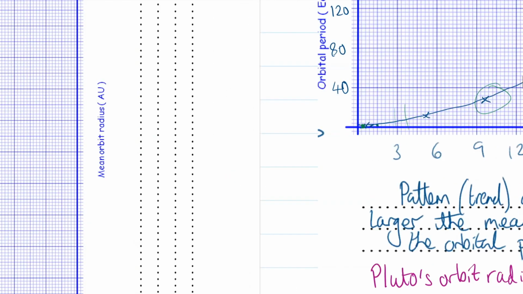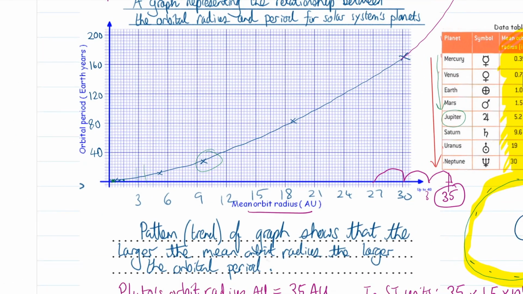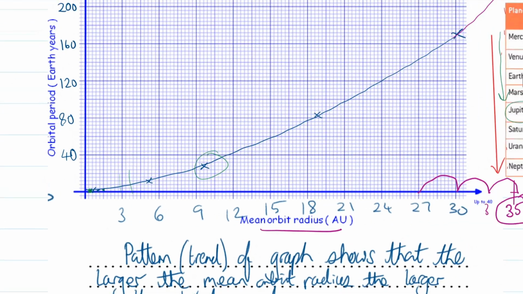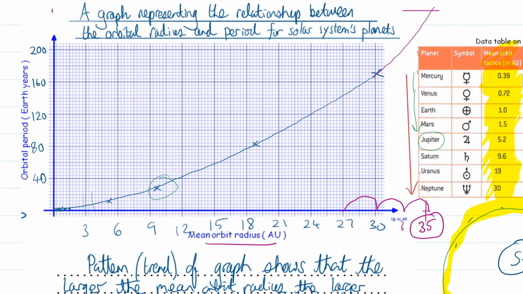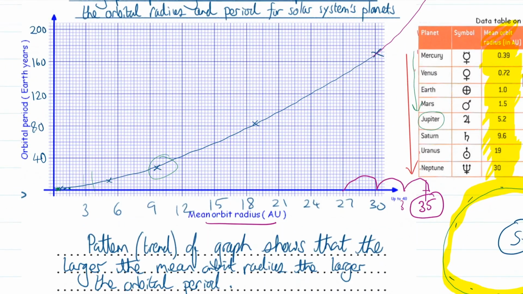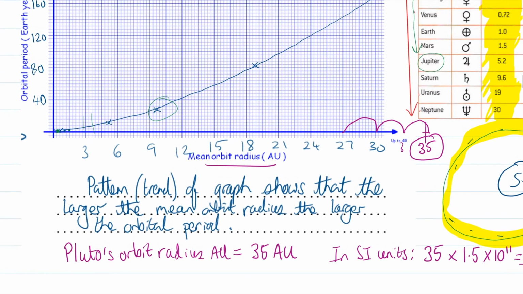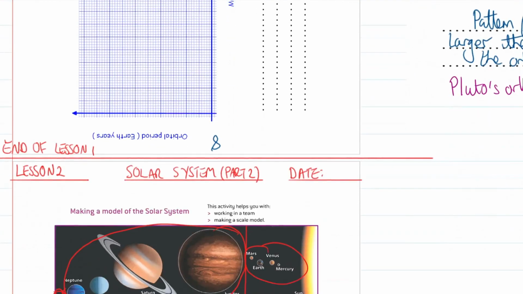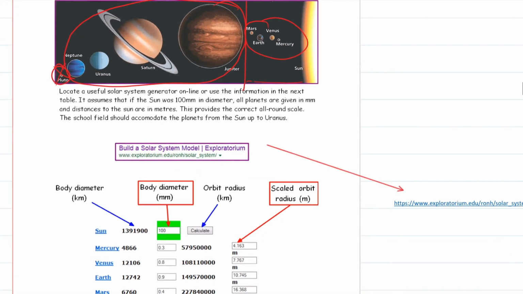And we plotted last lesson the 4 inner planets really close to the Sun, relatively speaking, and then the 4 outer planets much further away and much larger in radius.